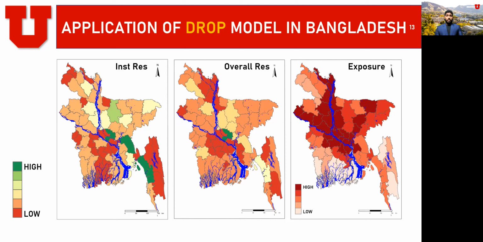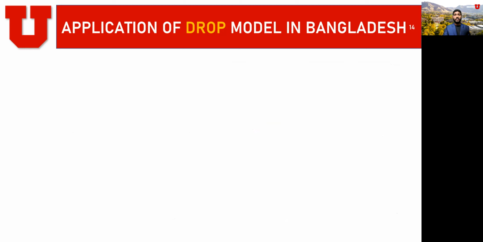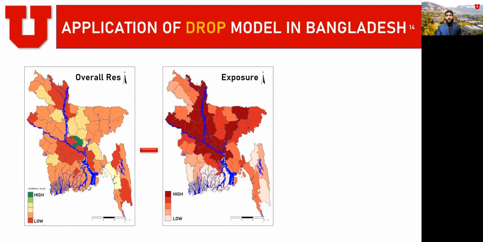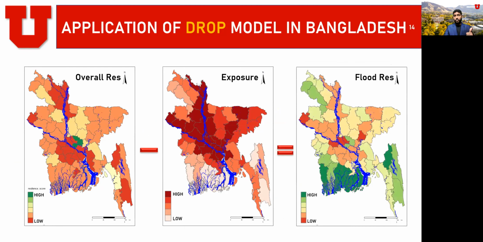Although the overall resilience here does not represent the flooding scenarios, because flood exposure has not been involved here, as the DROP model is a generalized flood resilience model. So we have to subtract the flood exposure from the overall resilience to get the flood resilience map. And after subtracting, we get the ultimate flood resilience map through the DROP model.